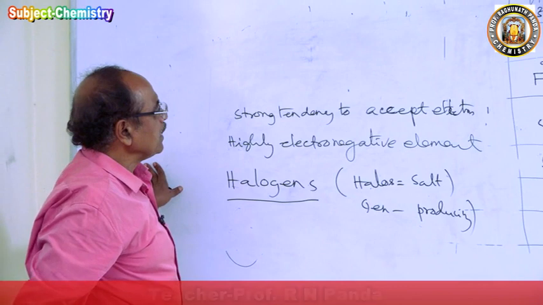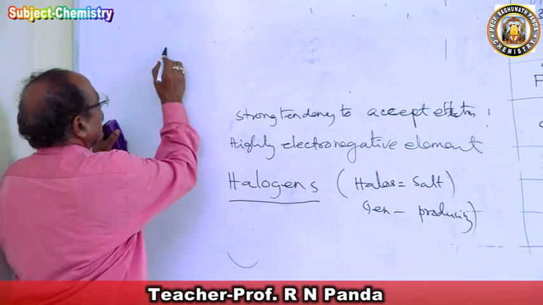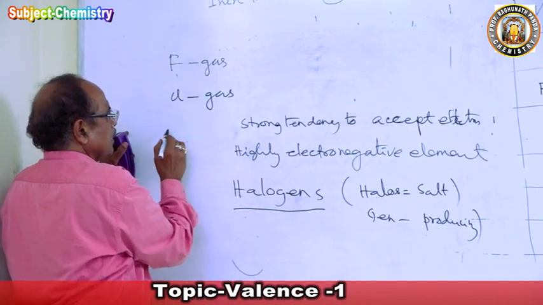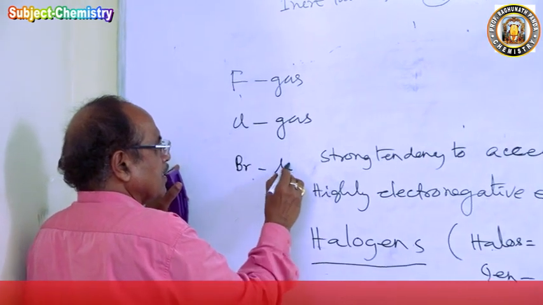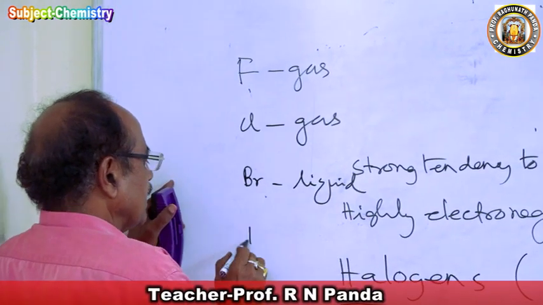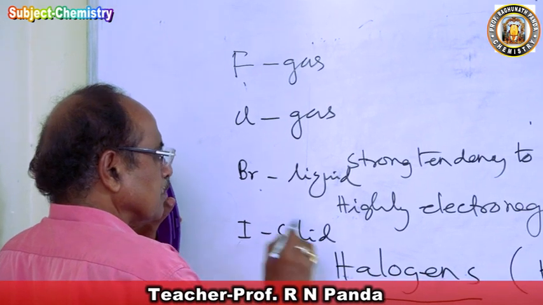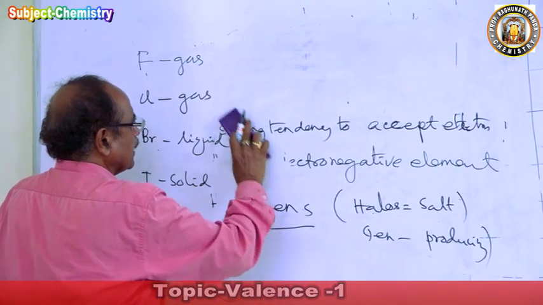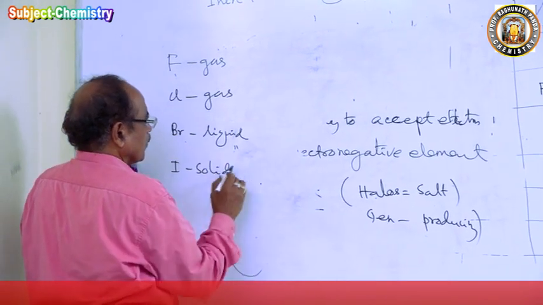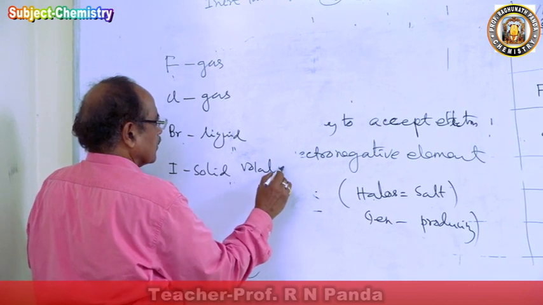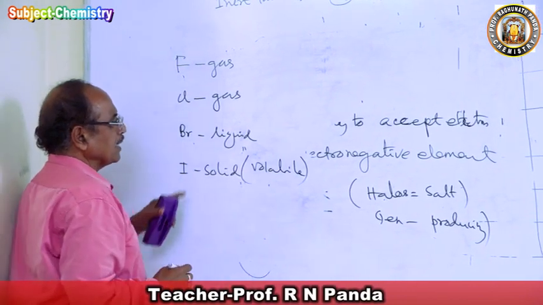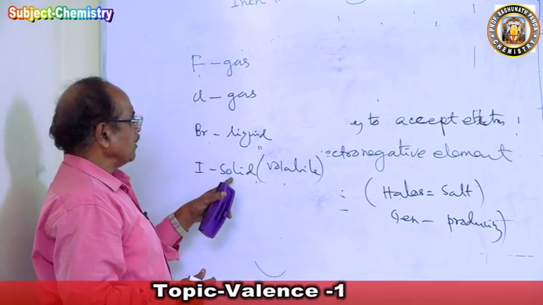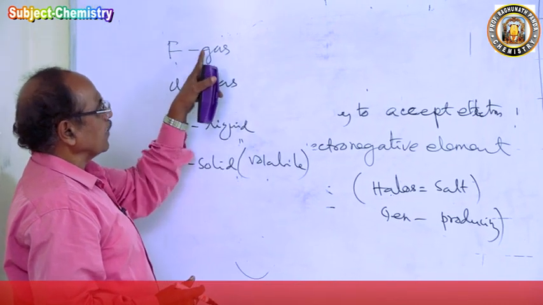Now, if you come to their properties: fluorine is a gas, chlorine is a gas, bromine is a liquid, and iodine is a solid, a volatile solid. Bromine can become liquid and gas, iodine becomes solid, but chlorine is a gas and fluorine is a gas.